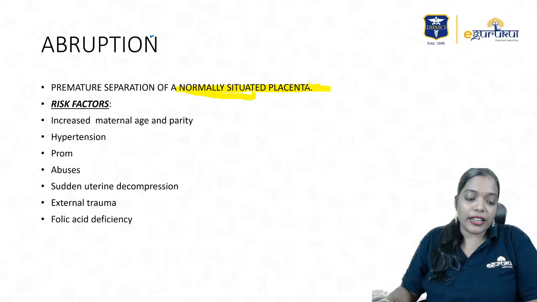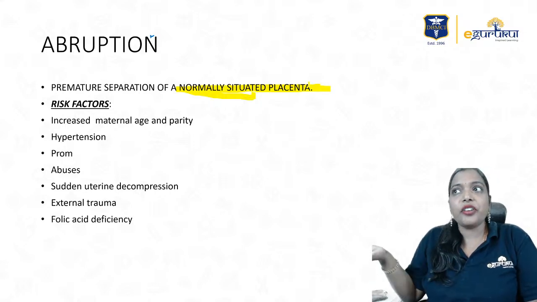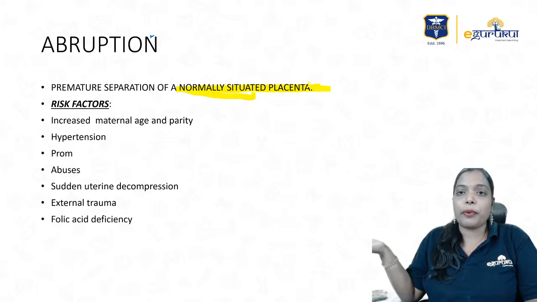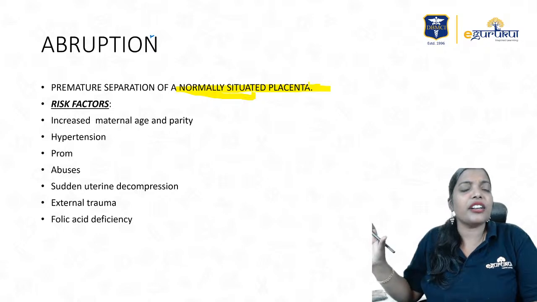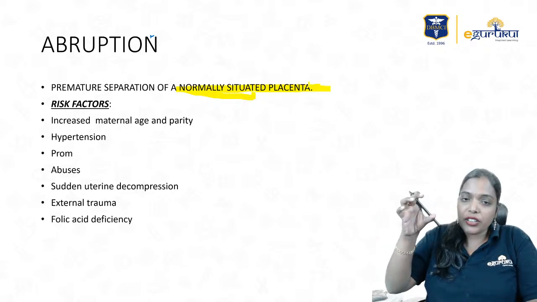As the placenta is separated before the third stage, the poor uterus thinks, oh, the placenta is separated, let me expel everything. So the uterus goes on contracting, continuous contraction.